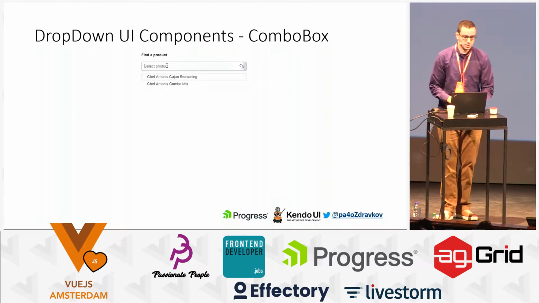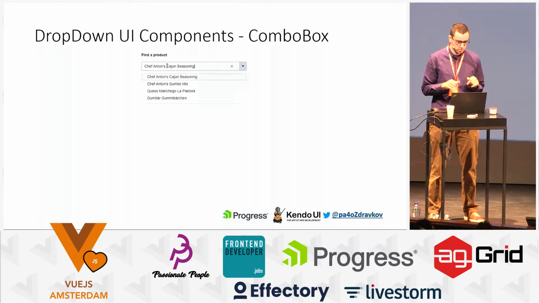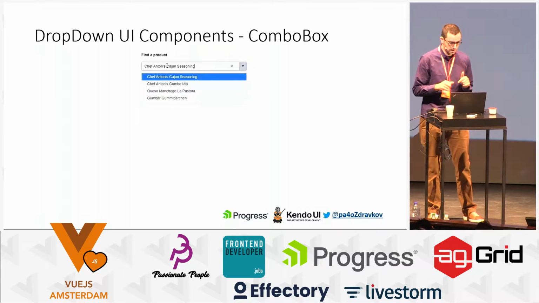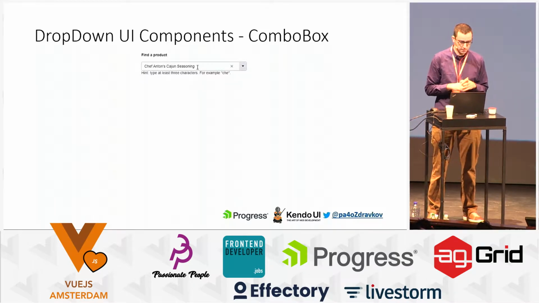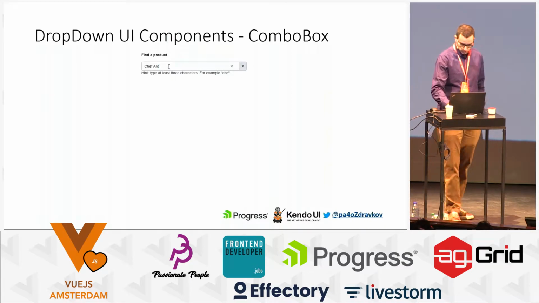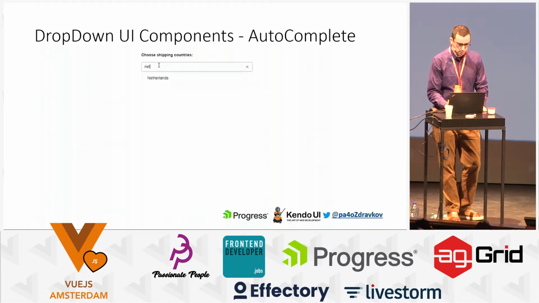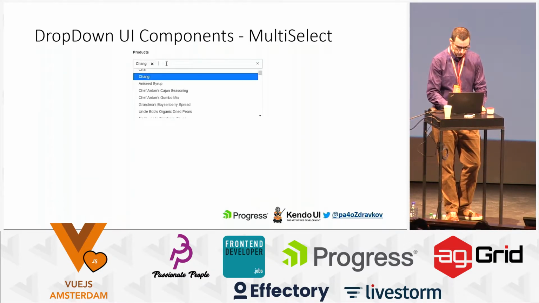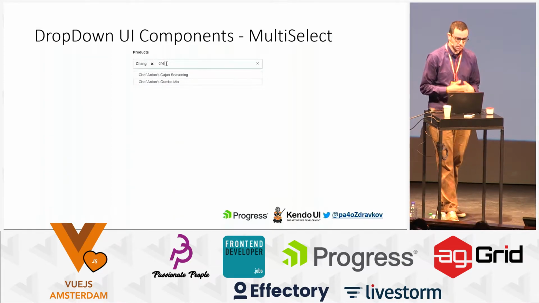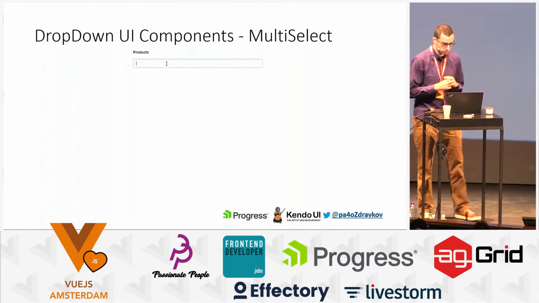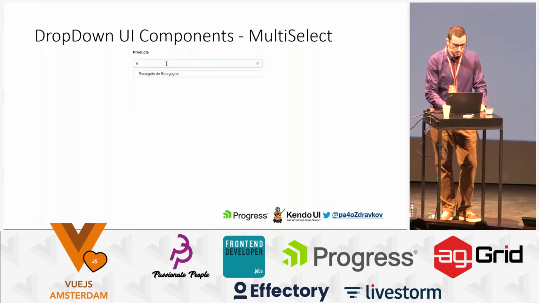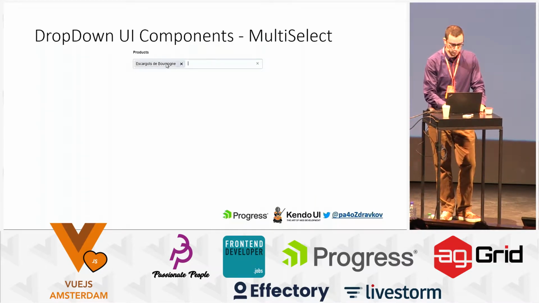Another design is a combo box, where you type in the input and have different items below, and you can have a custom value in that. You can also have a Google-like search that is the autocomplete box, where you just add the text to the input. Last but not least is a multi-select option, where you have multiple selection, and when you select an item, it is added as a token to the input.